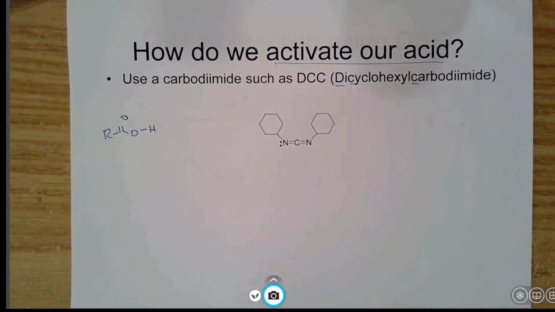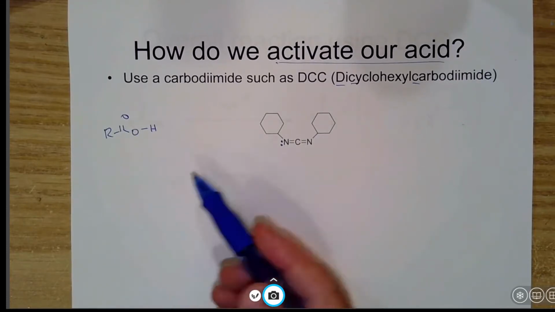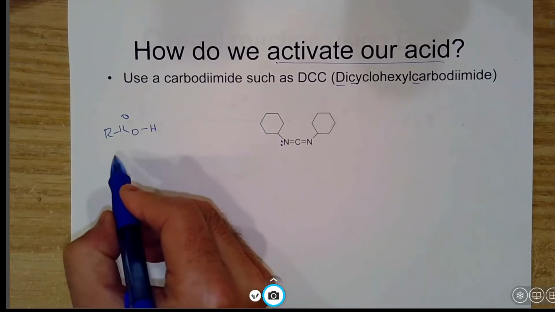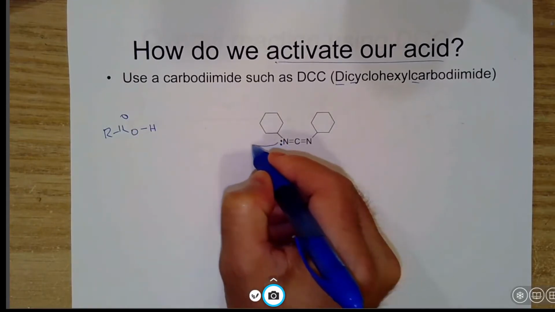All right, so I want you to think back to acid-base chemistry, what we were learning when we had an amine. When you have a nitrogen with lone electrons, there was a big tendency for those electrons to come and take off that proton. So the same thing is going to happen here.